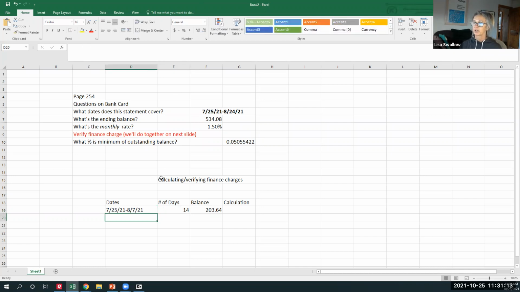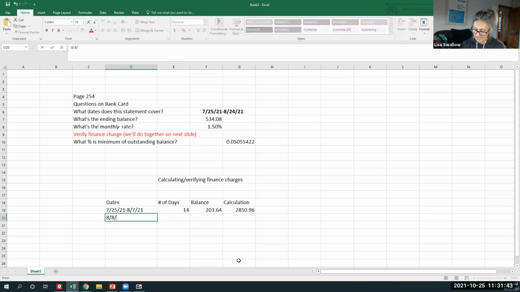Again, count on your fingers, verify that you got 14 days. Now you just multiply the 14 times that balance, and at the end of the month, we're going to divide by the days in the month and get an average daily balance.